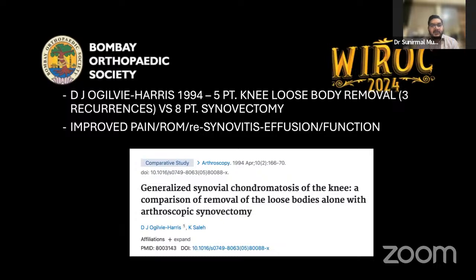He saw that in group B, where synovectomy was done, they had significant pain reduction, there was no re-effusion, re-synovitis was not visible, and the function was also better. Three of the 5 patients in whom synovectomy was not done came back to his clinic with a repeat synovial effusion and synovitis.